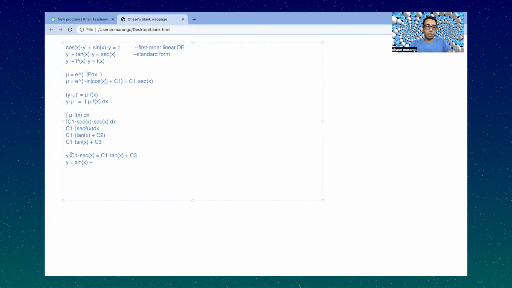And c3 divided by c1 times secant of x is equal to c3 divided by c1 times cosine of x, which is just going to be another constant. And just for reasons of making this equation look nice, we're just going to say y equals x plus c times cosine of x.